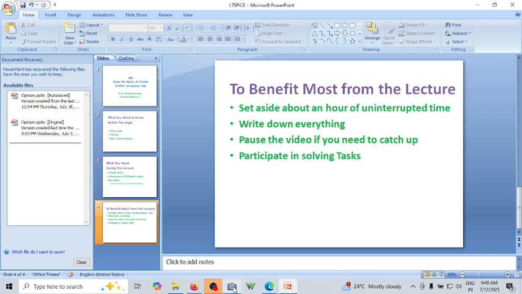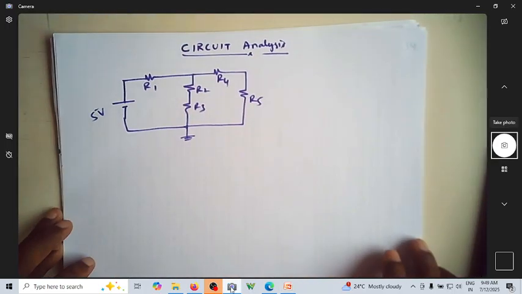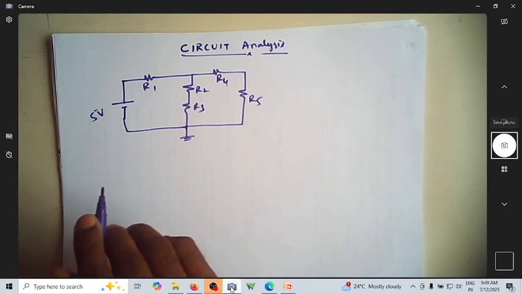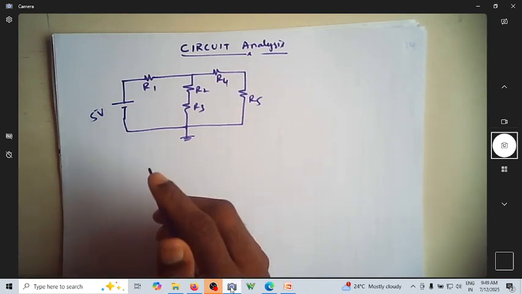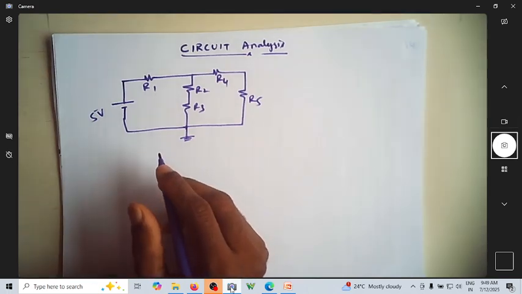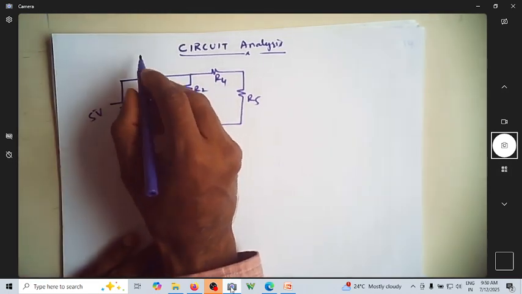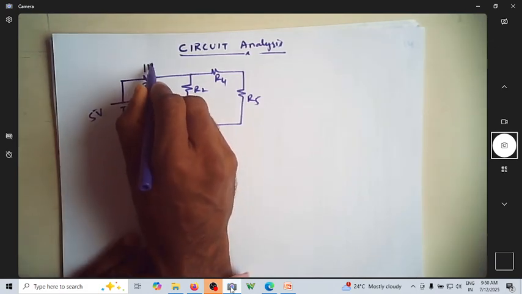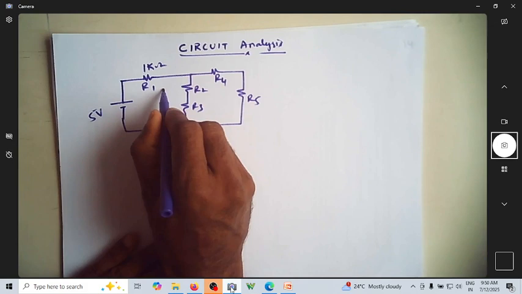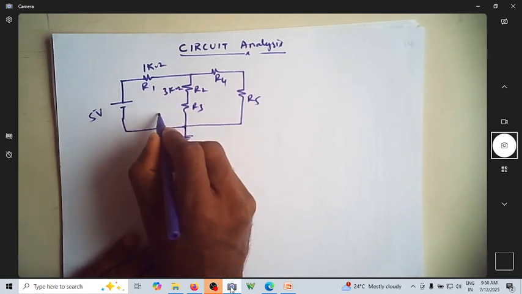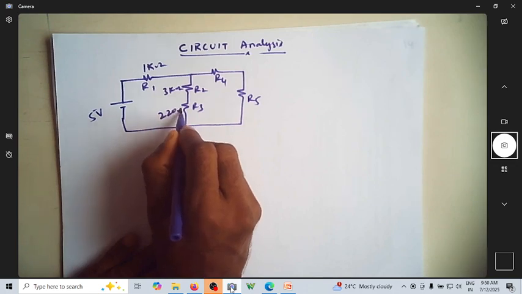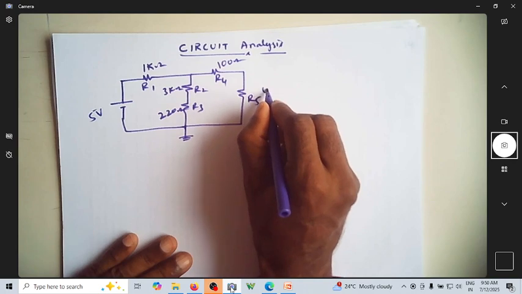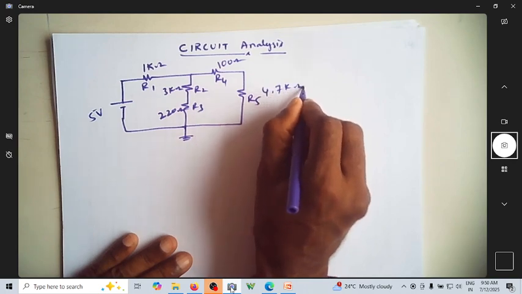So let us take this circuit and try to analyze it using LTspice. We have 5 resistors, so let us assume this is 1 kilo ohm, this is 3 kilo ohm, this is 220 ohms, and let us take this as 100 ohm, and this as 4.7 kilo ohm.